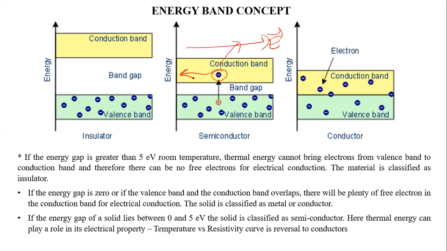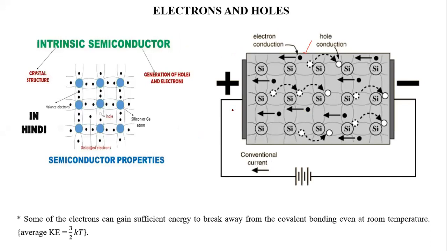Now, when we talk about electrical conduction due to holes, we said that holes are in the valence band. The movement of holes occurs within the valence band. A hole is just a vacancy in the covalent bonding.